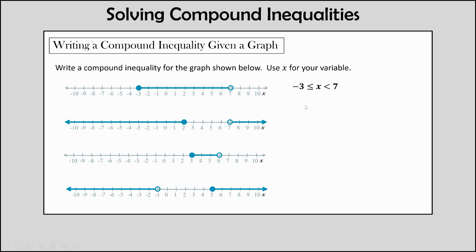Now, I can write it like this. Remember, as a compound, "and" can be written like this. So if you read it inside out, x is greater than or equal to -3 and x is less than 7. So that's your compound inequality here. I don't know what Alex will do if you write it as two separate inequalities joined with "and." It may be fine. I don't know.